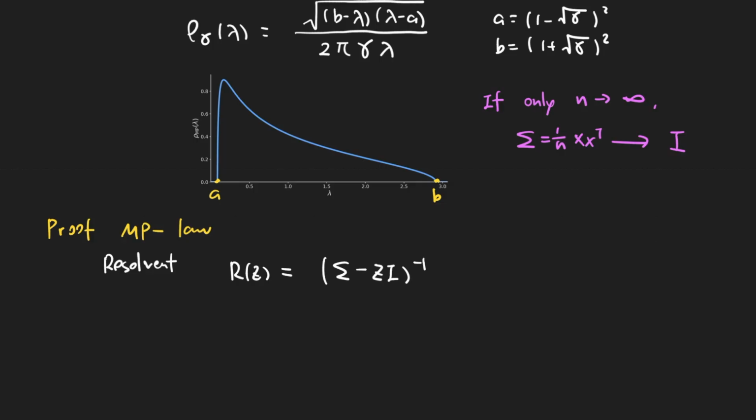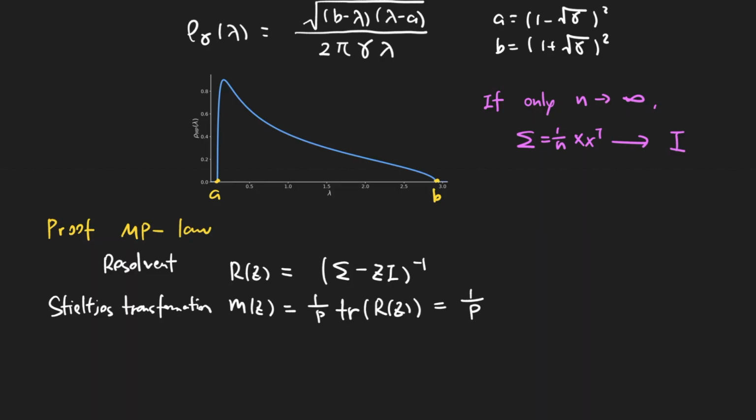Then we define m of z as 1 over p times the trace of the resolvent. This is also called the Stieltjes transform. And using the property of the trace, we know that it equals 1 over p times the sum of the eigenvalues of the resolvent.